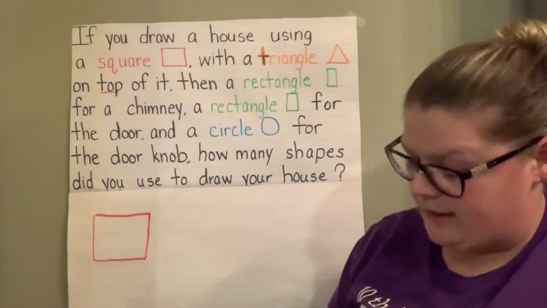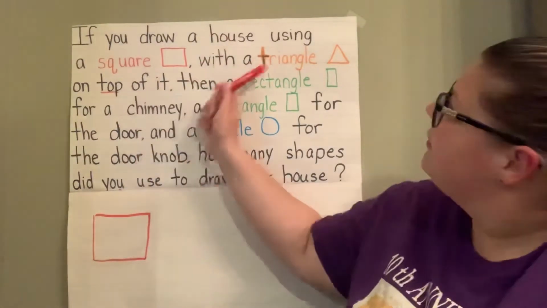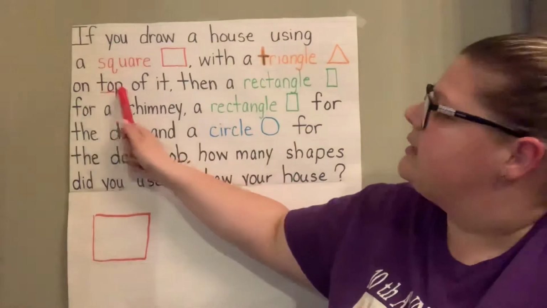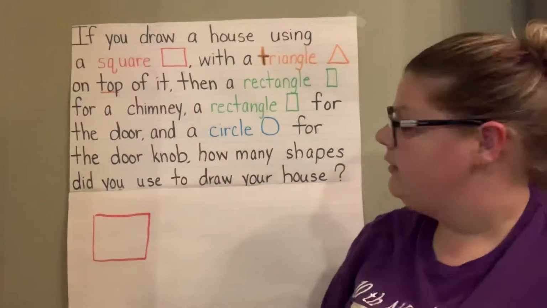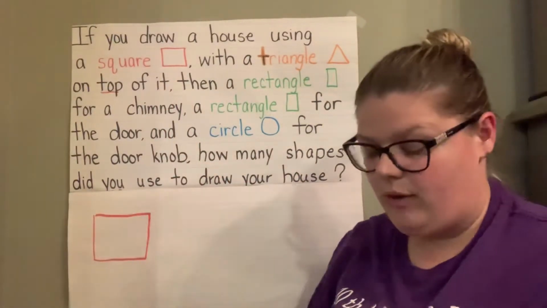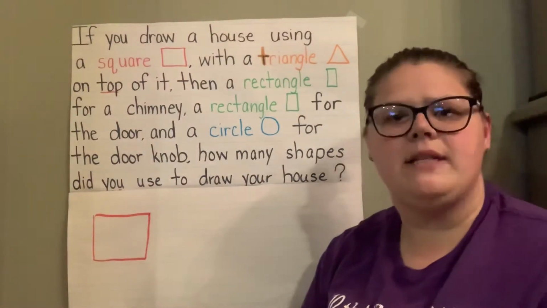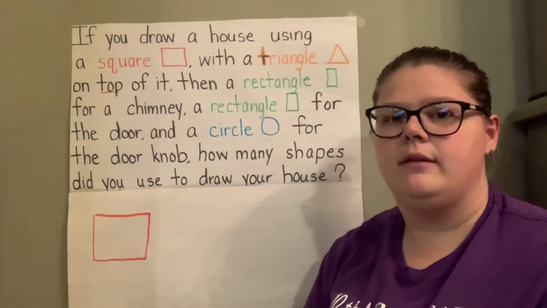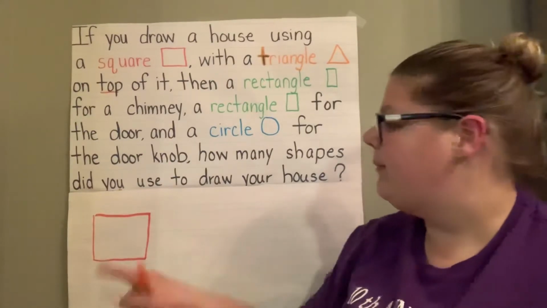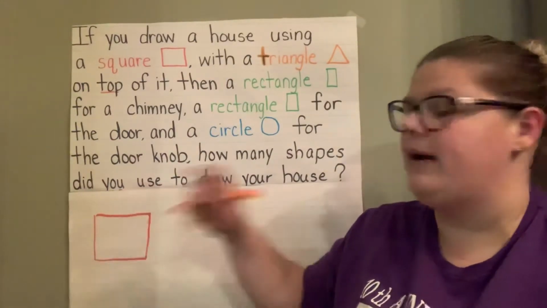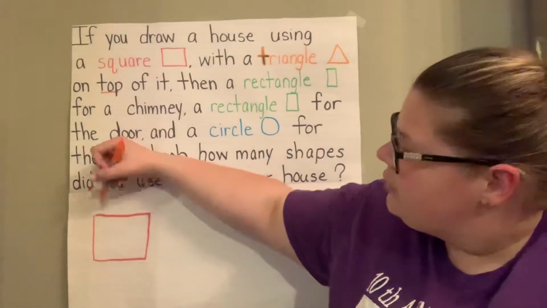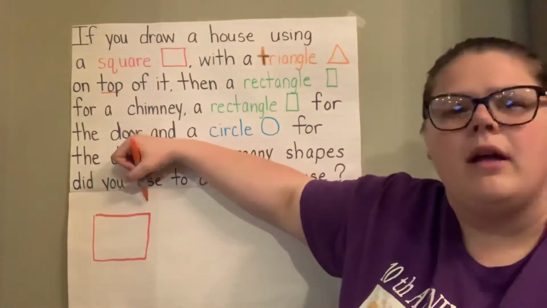Now, let's see what it says next. A triangle on top of it. So I need to draw a triangle on top of the square. Can you point to the top of the square? Good job. This is the top of the square. So we're going to draw a triangle up here. A triangle.